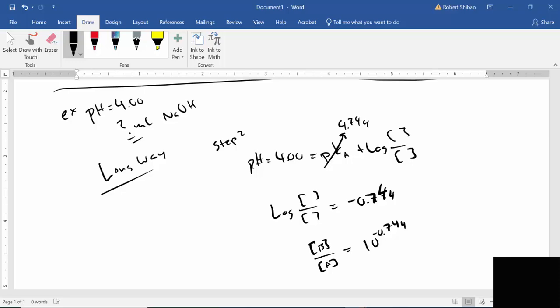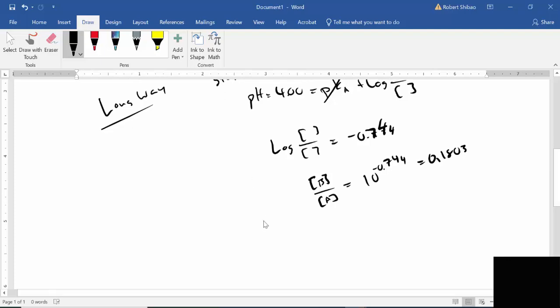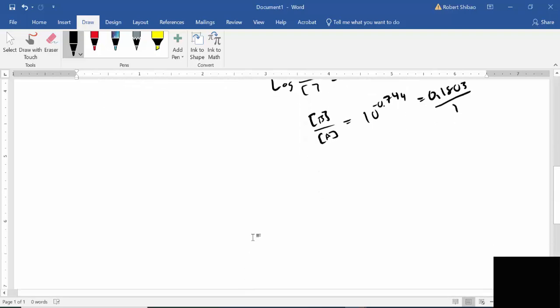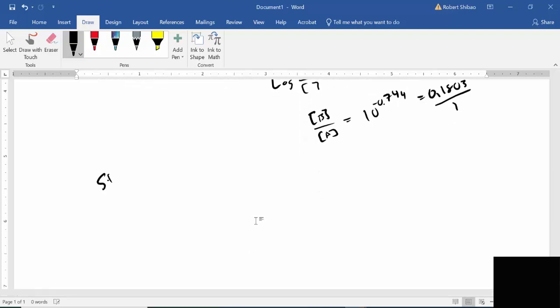And so I'll take the anti-log of minus 0.74. And it comes out to 0.1803. So I need the base to acid ratio of 0.1803 to 1. So then I'm going to go back to step 1, and that's my final ratio.